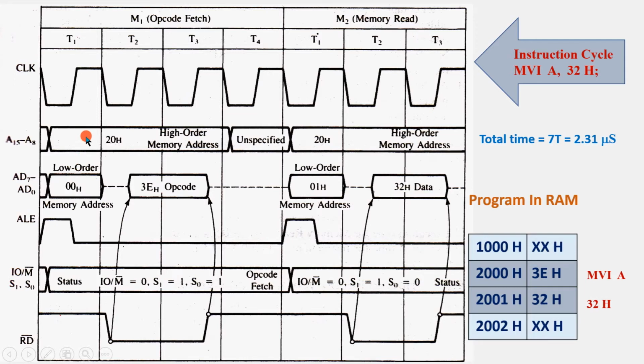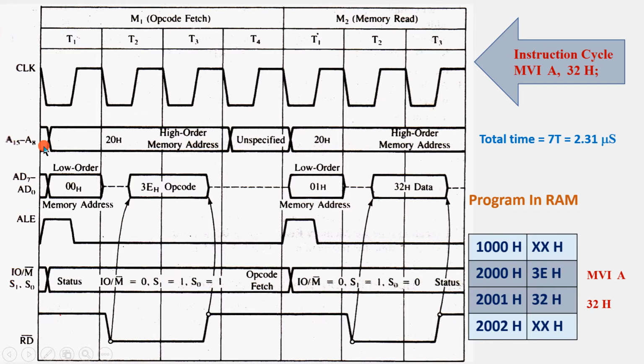These 16 lines together issue the address. On the high order lines it issues 20, and here it issues 00. So together it represents 2000, and this is the address of the first byte of the instruction.